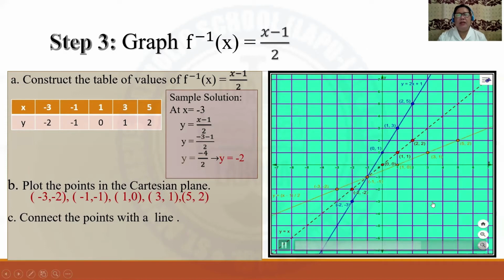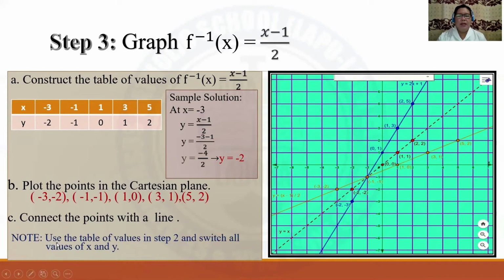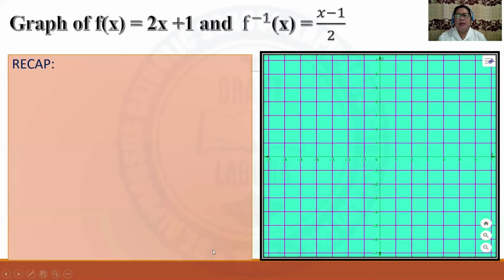And connect with a line. There. So by this time, you have to take note, just use the table of values in step 2 and switch all the values of x and y.